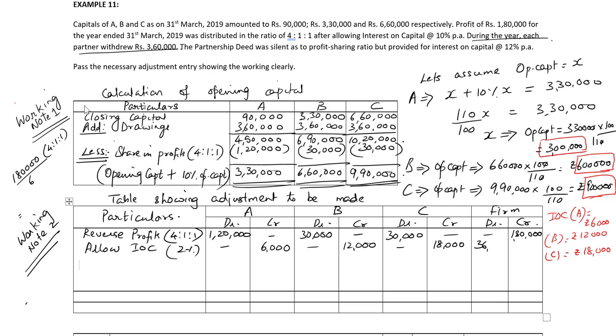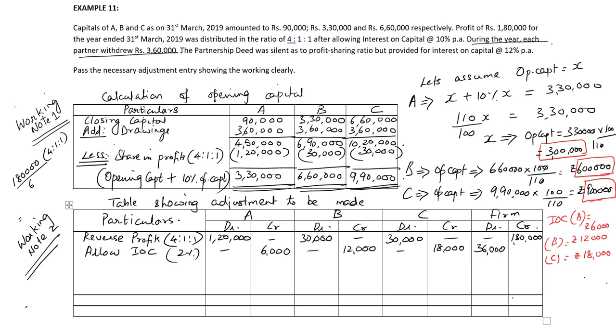The total is 36,000 in the debit of the firm. The error has been rectified. The greater total is 1,80,000. After deducting 36,000 from 1,80,000, we get 1,44,000.